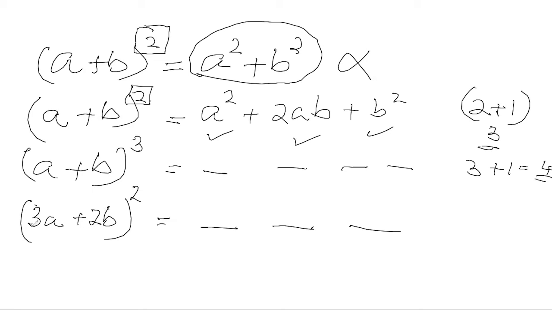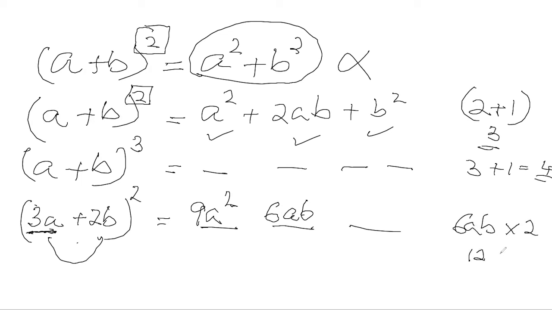So the first one is a squared, which is now 3a. Instead of a, now you have 3a. (3a) squared means 9a squared. Then multiply these two together. 3 times 2, 6. a times b, ab. Then multiply this by 2. So 6ab times 2 is 12ab.